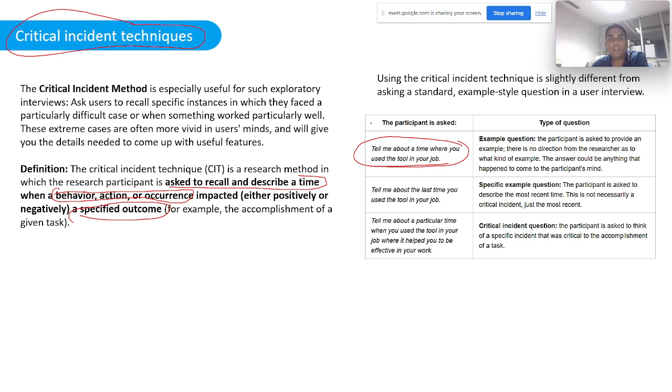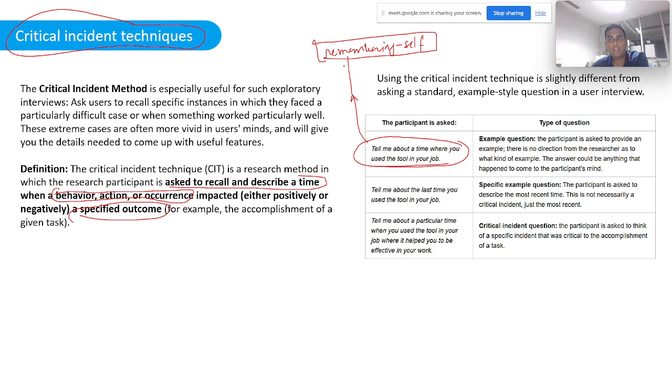So since, as per the theory of remembering self, which in the last class we discussed, many times we only remember the bad or extreme conditions, and we always forget small details of events or activities from our long-term memory.